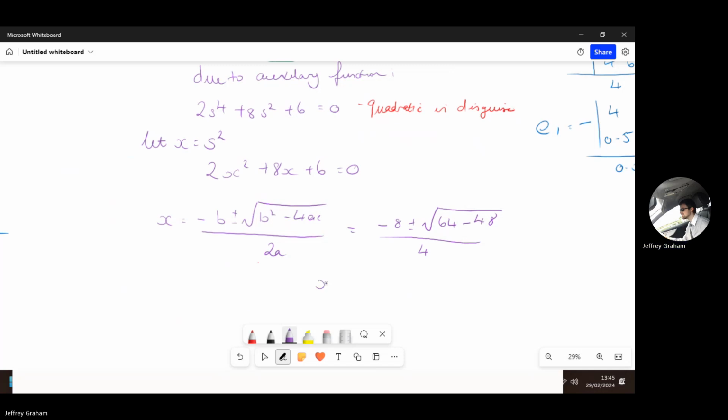Right, so x is either minus 1, so that's when you added the square root, or minus 3. Right.